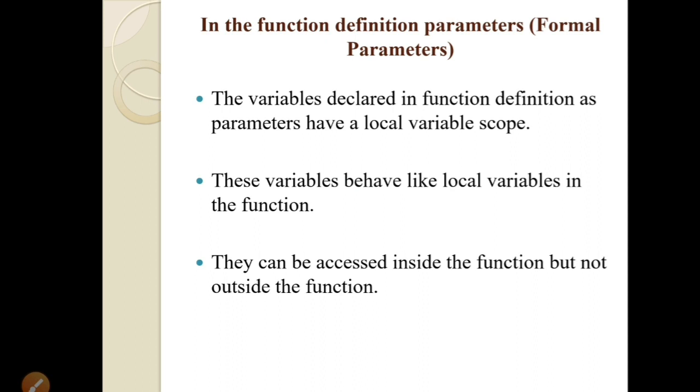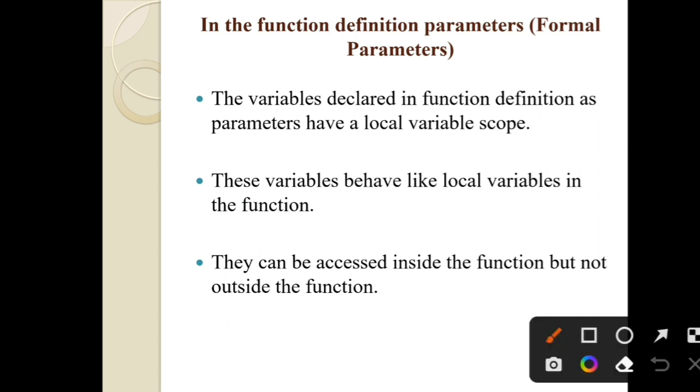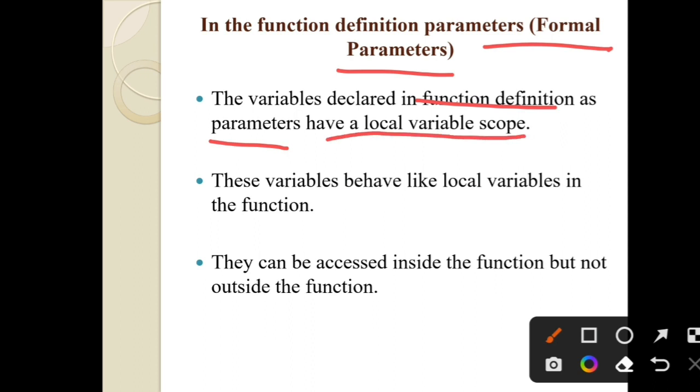Next, in the function definition, those are known as formal parameters. You can declare variables in the parameters also. The variables declared in a function definition as parameters have local variable scope. Like local variables, these formal parameters are used only within the block, within the function.